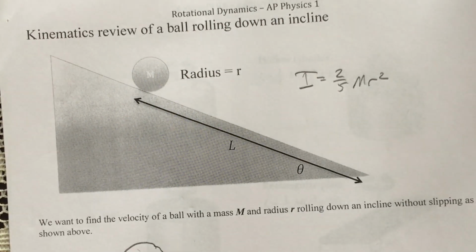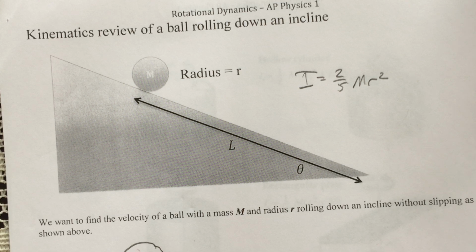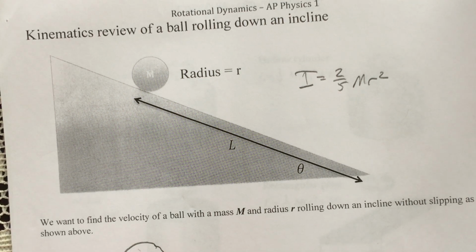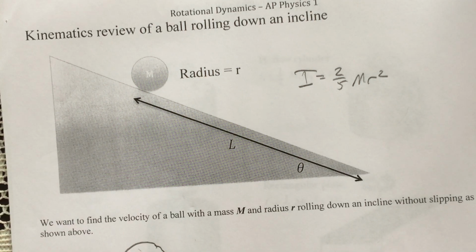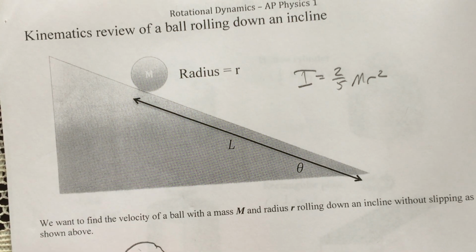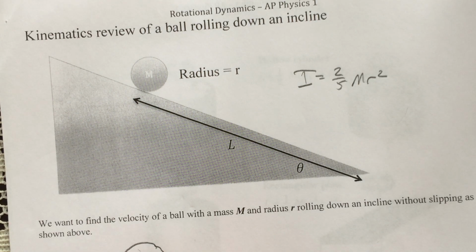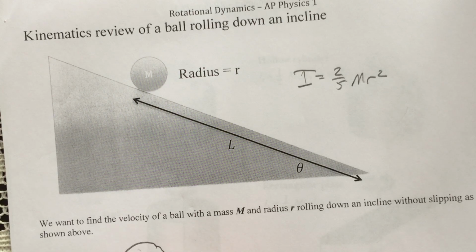We know that we're going to have a force of friction acting backwards on this thing. And of course, you get that normal force. I marked it in, but I didn't draw it. There's my normal force acting up.